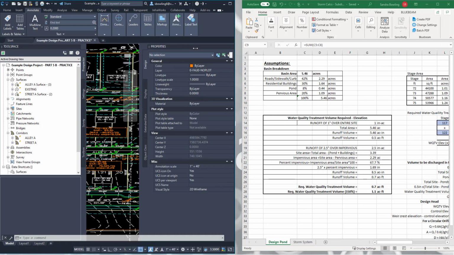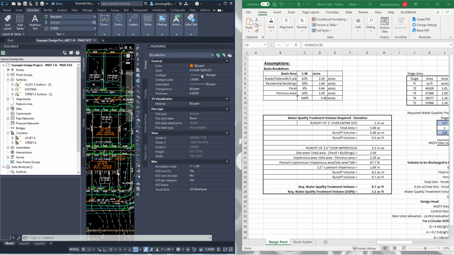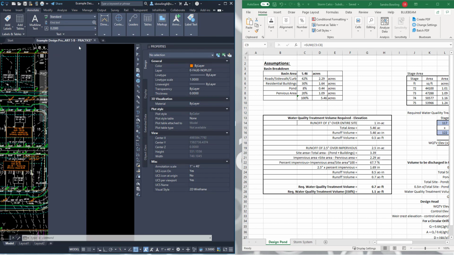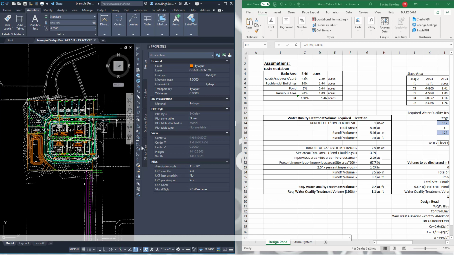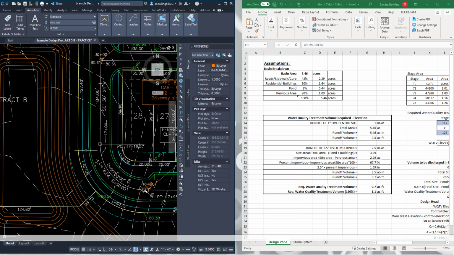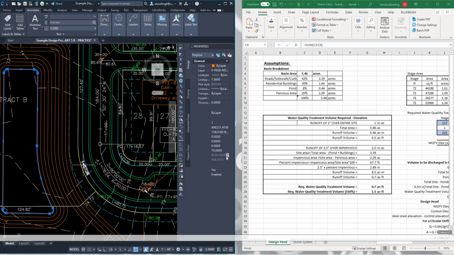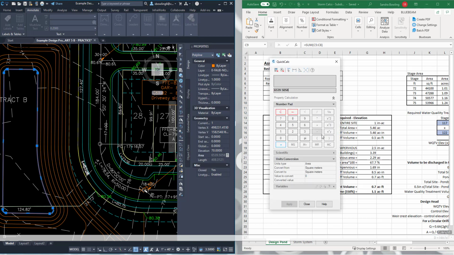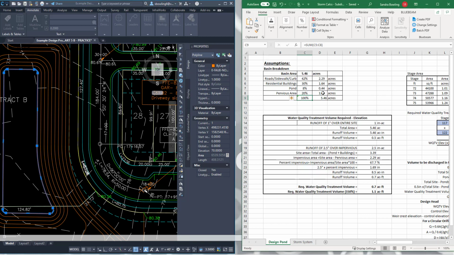So somebody figures out the area of the pond, somebody figures out the area of the pavement, sidewalk, etc. So I know I've got 5.46 acres, and I know I've got a pond area. I'm going to use the bottom contour of our dry pond, and in square feet to acres, it's 0.15 acres of pond. So that's not going to be 8% anymore.